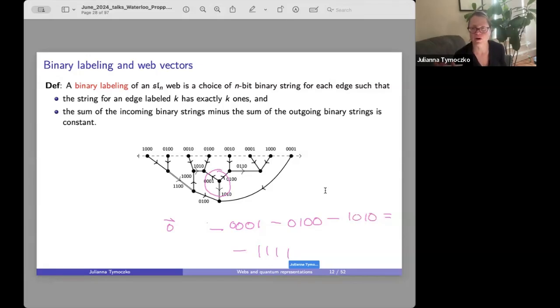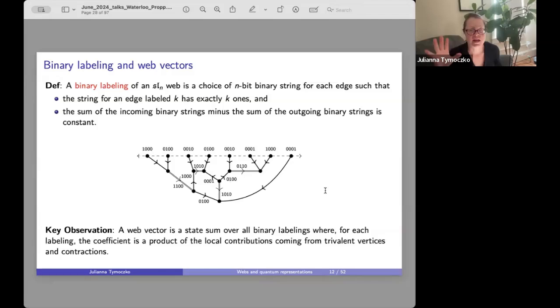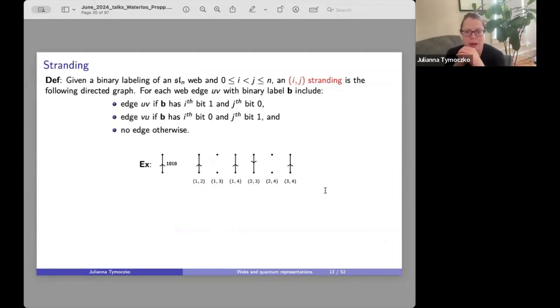So minus the all ones vector, which is constant. All right, so a web vector is a way of adding all binary labelings on a web graph, and the coefficient comes from the local contributions at each trivalent vertex and contraction. This would be the conventional way of thinking about it.